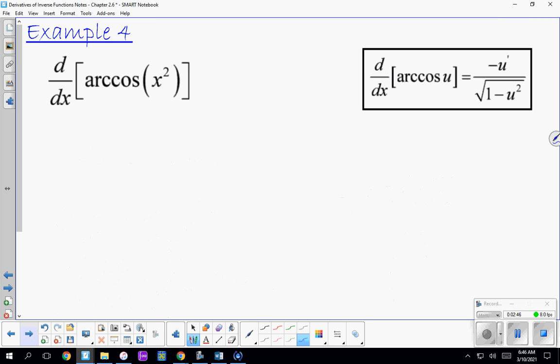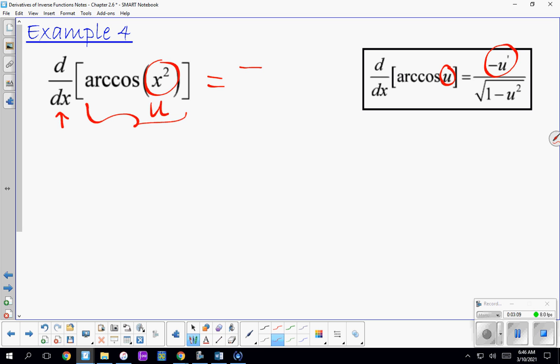So in our example here, again, all we're doing is following this formula. This says whatever's inside of the inverse trig function is our u. So in this case, this x squared is our u value. So to use this formula, we're going to take the derivative, put it on the top. So this just says take the derivative of this function here.